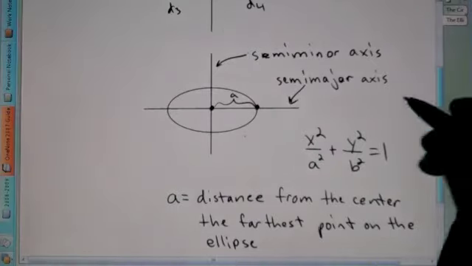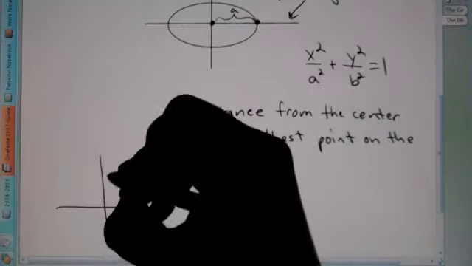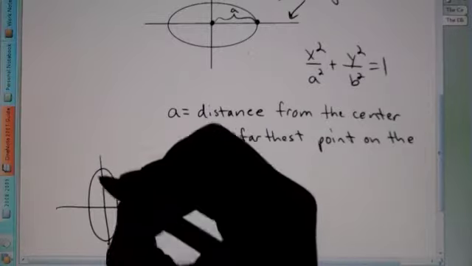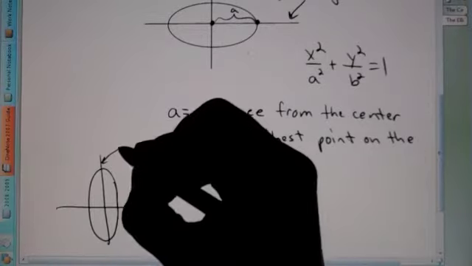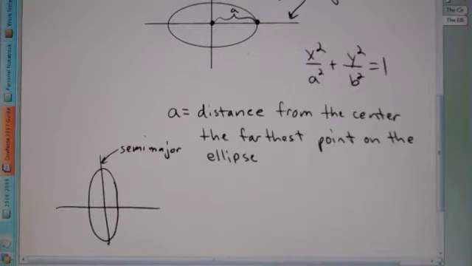So an example of the opposite: if I were to give you an ellipse like this, the y-axis now would be the semi-major, and then the x-axis would be the semi-minor.